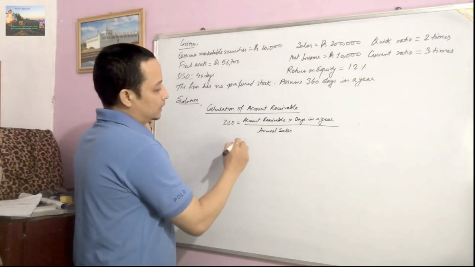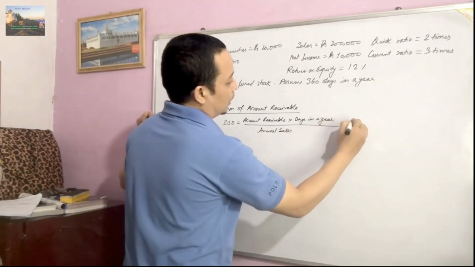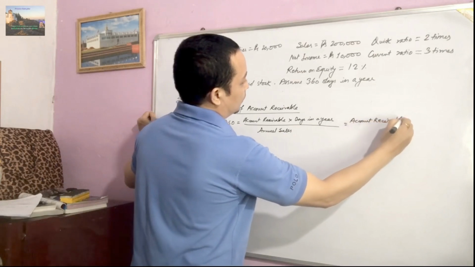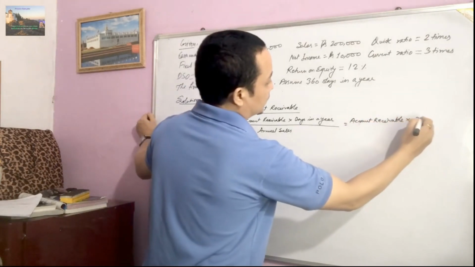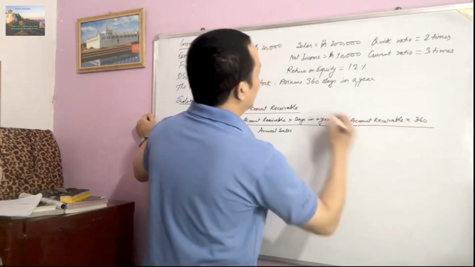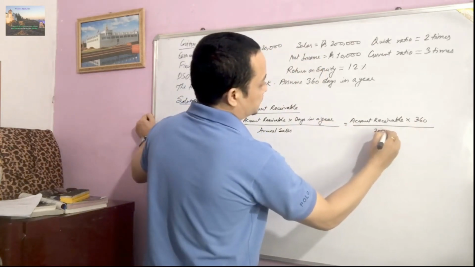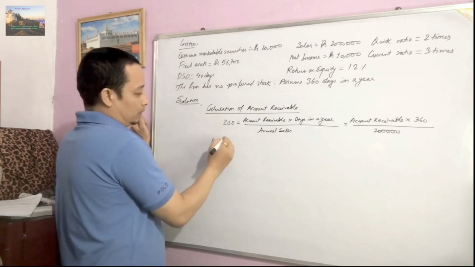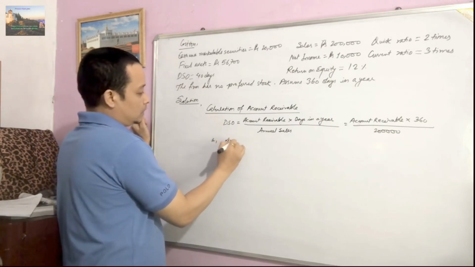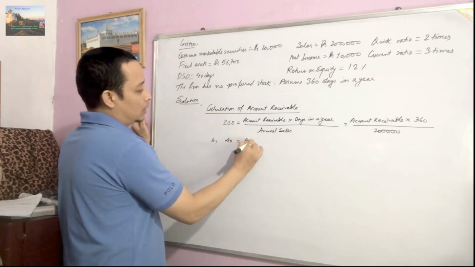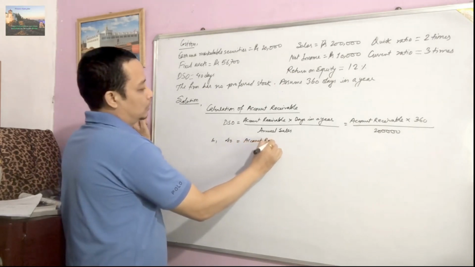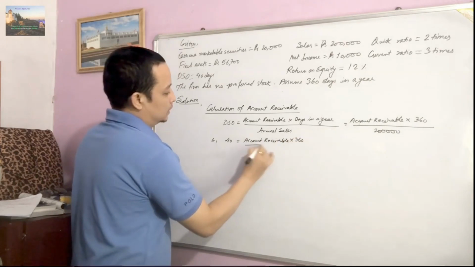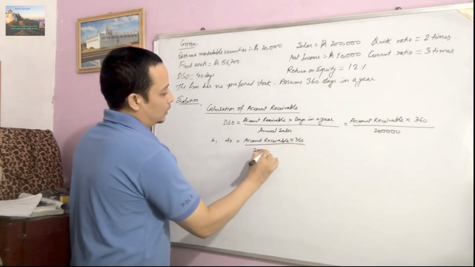Now put the values here. Account receivable into days in a year 360 days upon sales 2 lakh. You know the value of days sales outstanding, that is 40. So you can place the value here. 40 equal to account receivable into 360 days divided by 2 lakh.